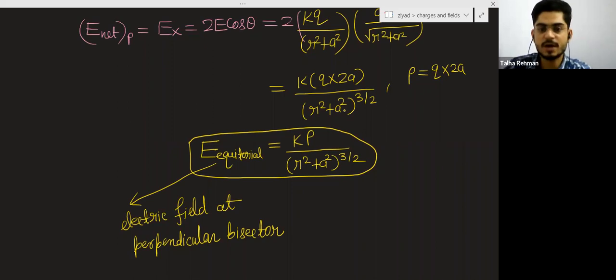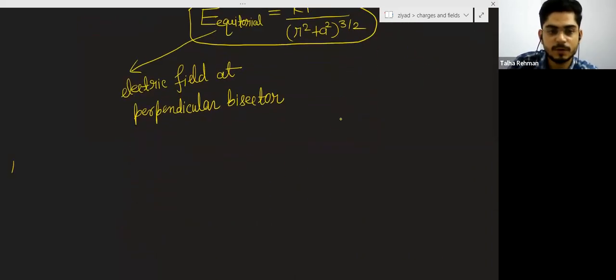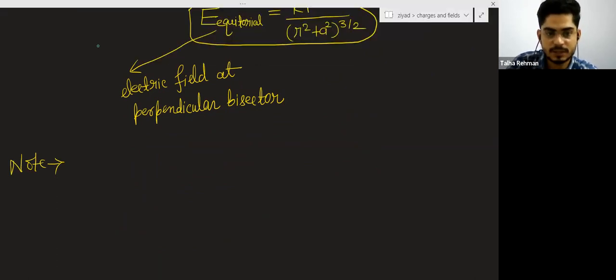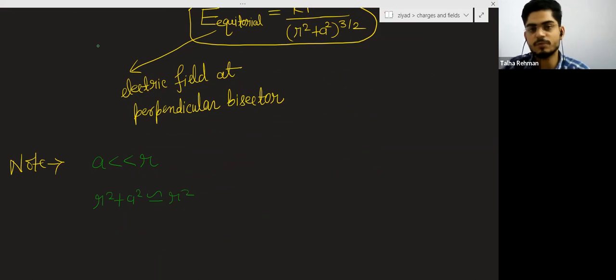So this is the thing. And one thing more I want to add here. We already know that this distance a is very much smaller than r. So we can write r square plus a square approximately equal to r square. So we can change this formula.